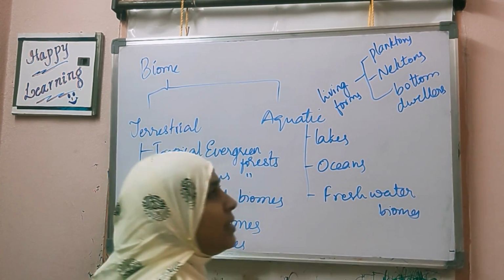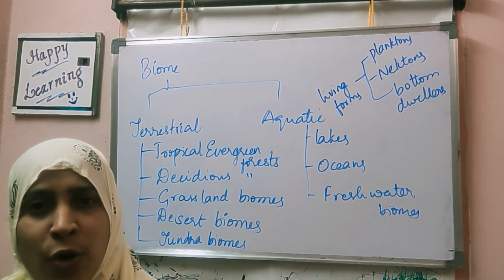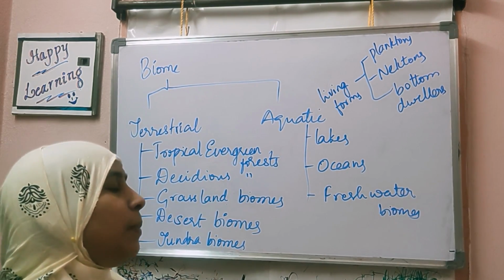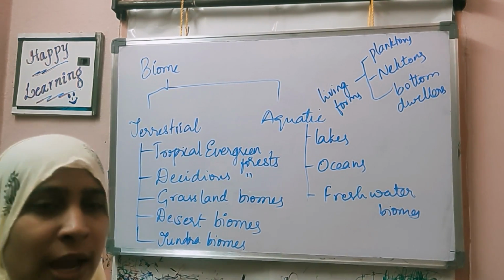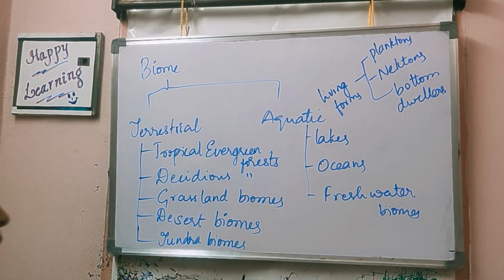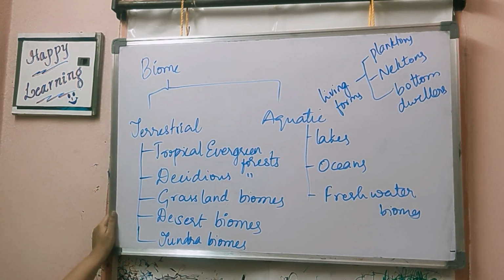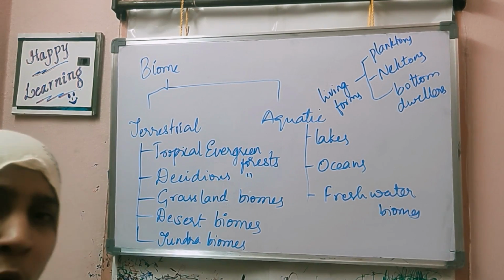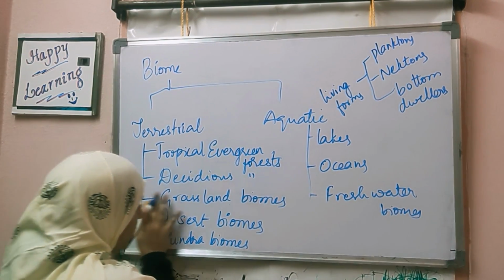So we'll discuss the classification of life forms in aquatic biomes rather than the classification of aquatic biomes. Okay, one by one let us see these terrestrial biomes, starting with tropical evergreen forests.